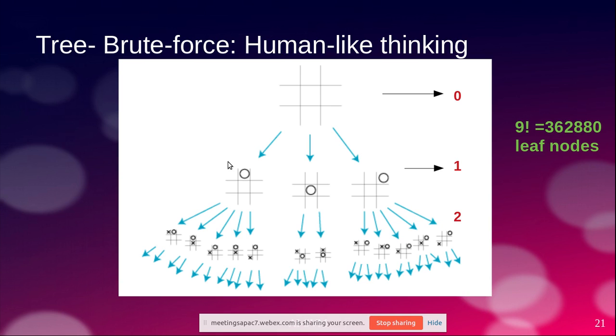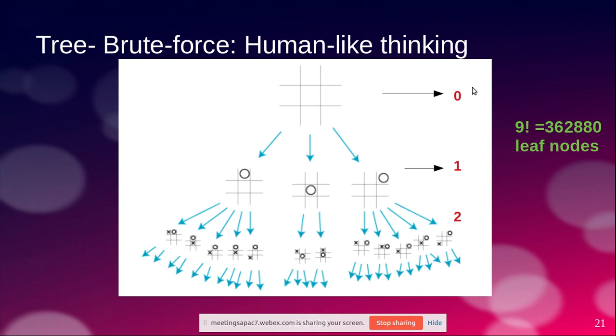To make the figure simple, we have shown only three next states. It can be here, here, or here. Now, if it is here, the next turn is about cross, then the cross may be placed here, here, and so on. Some of these options are again shown here.